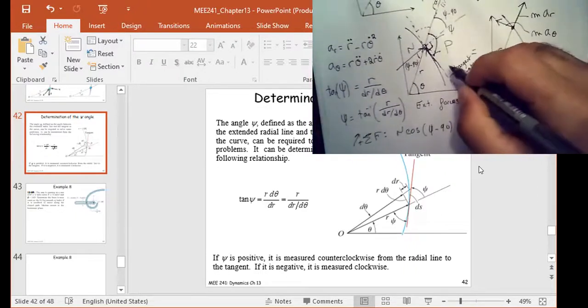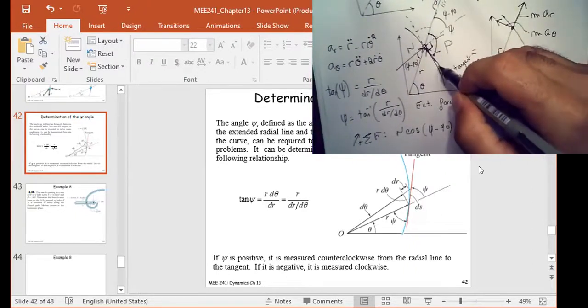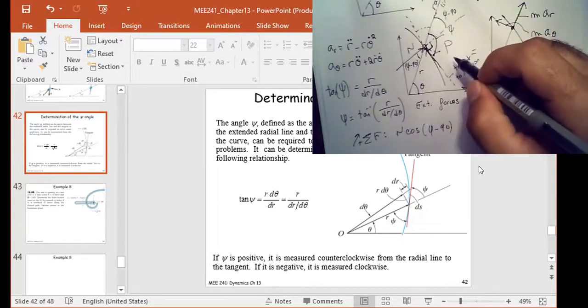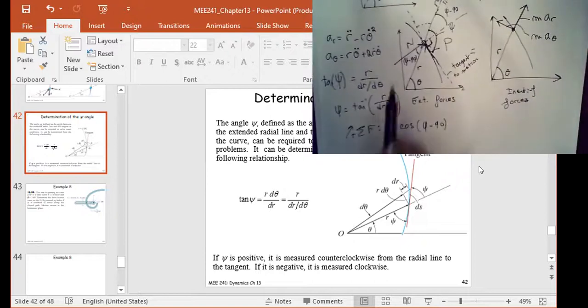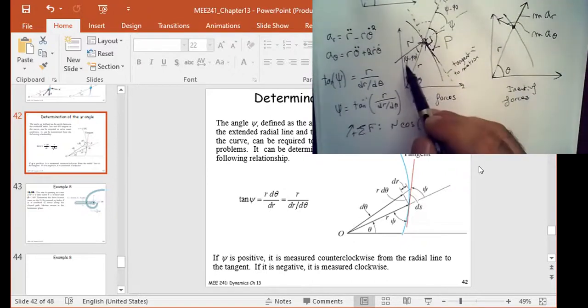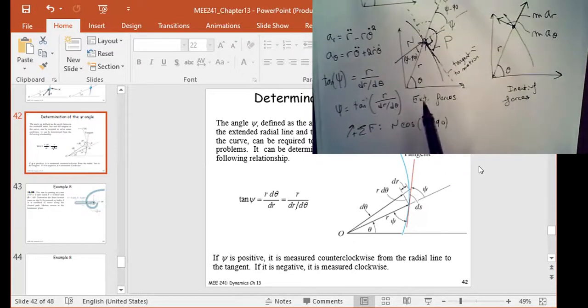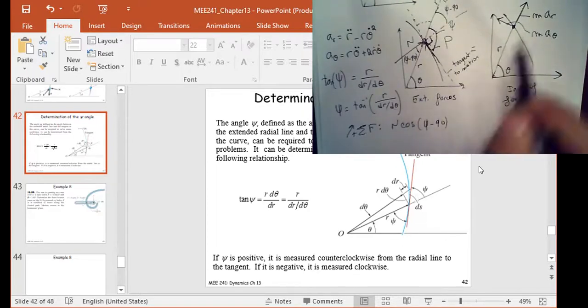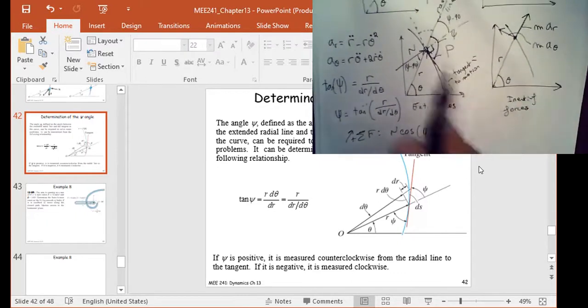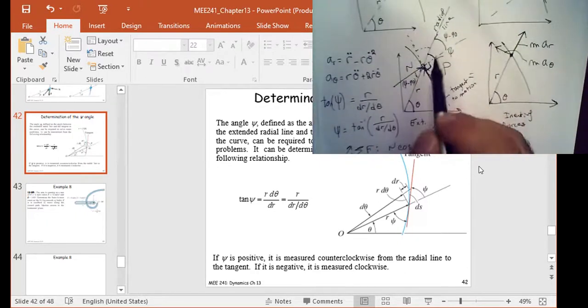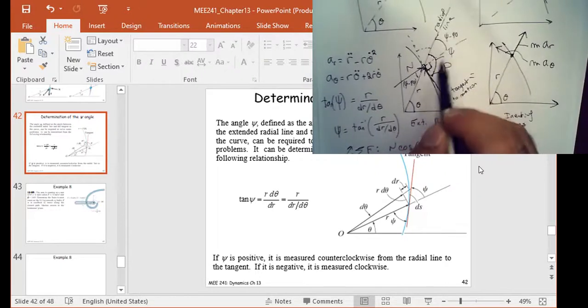In this case we would still have P, but in general this angle is enough to project the normal force. You already have a_r and a_theta. Just know that this angle phi is the angle between the radial line and the tangent.